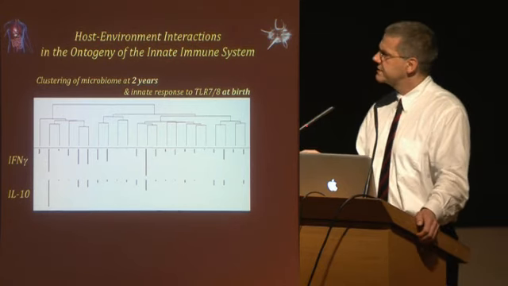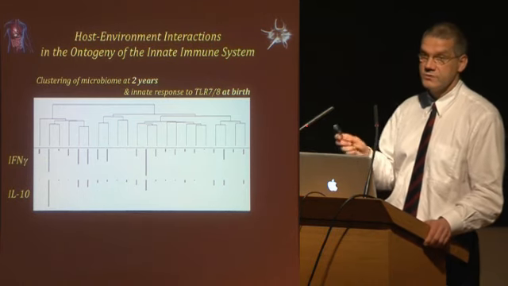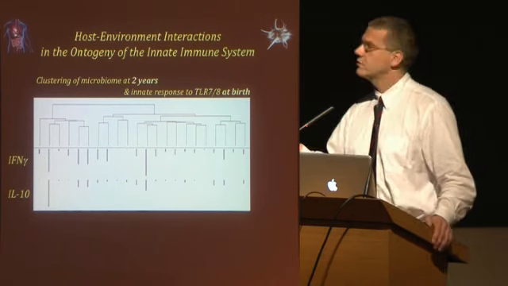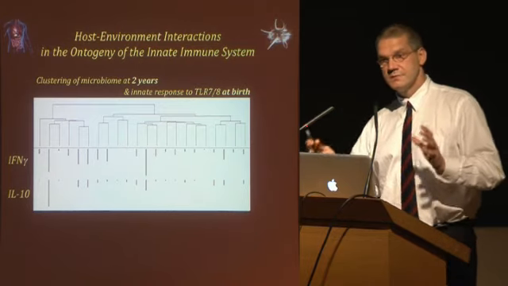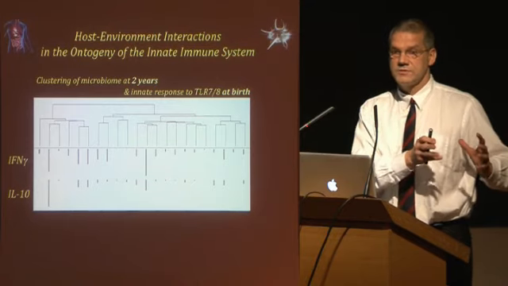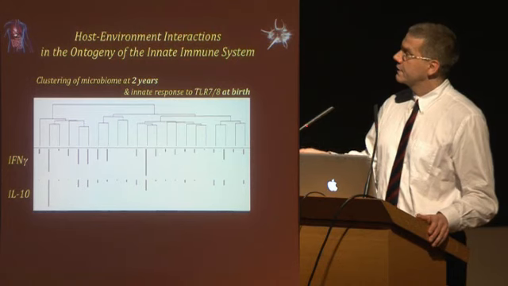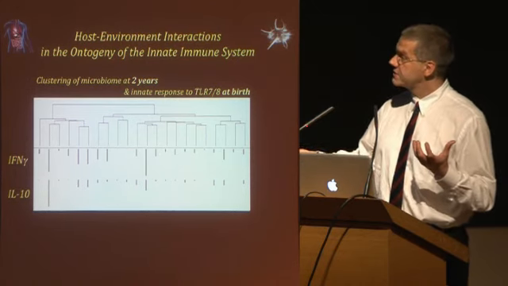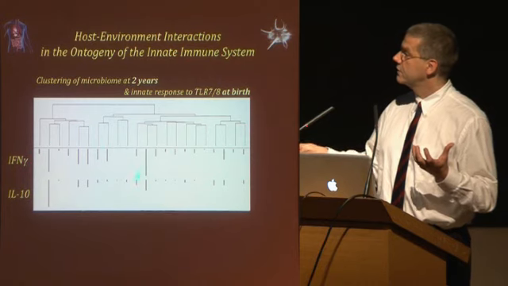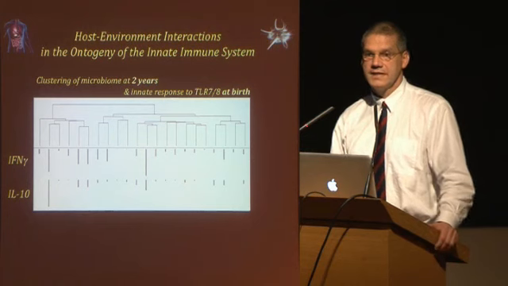And strangely enough, the interferon gamma and the IL-10 cluster together, which they don't with the other cytokines. So not only do families of microbes in their composition seem to correlate with innate immune cytokine responsiveness in cord blood at birth, it seems that the cytokine production at birth in its composition, namely gamma interferon and IL-10, co-correlate with the structure of the family of the microbiota at 2 years of age.